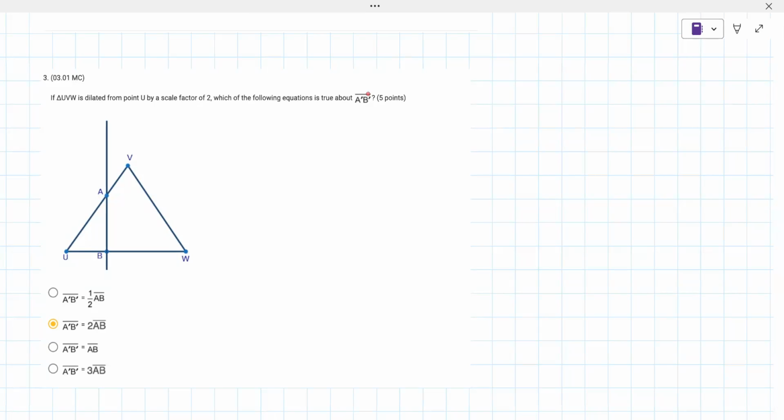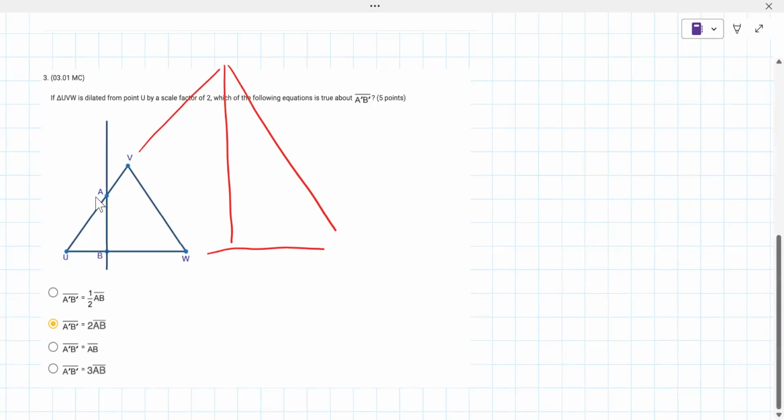I think you've got it here. It does help to draw the rough doubling of it. Not completely to scale, but A prime, B prime looks like it's going to be double.